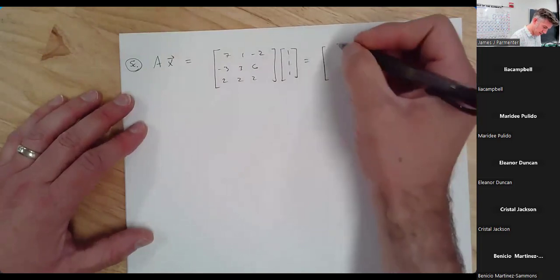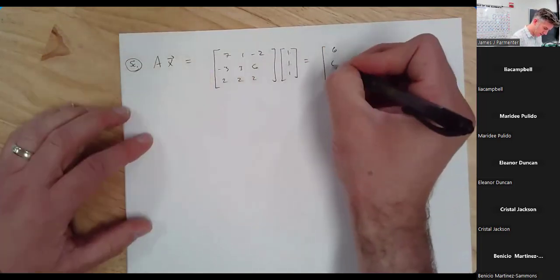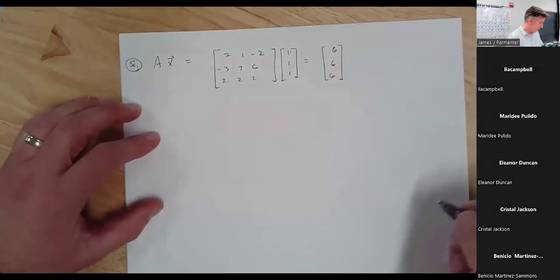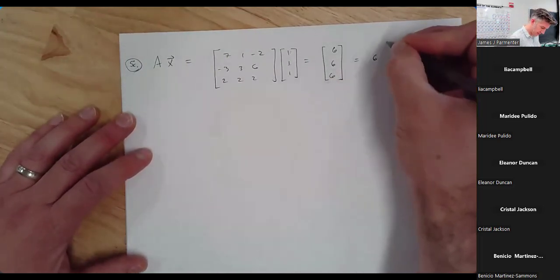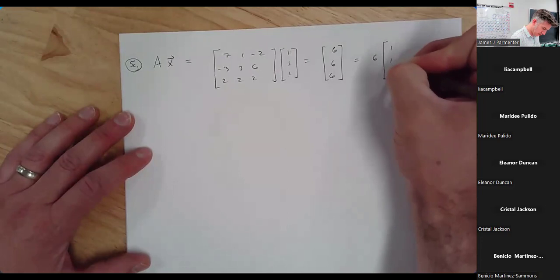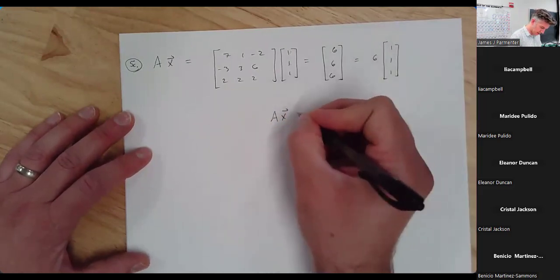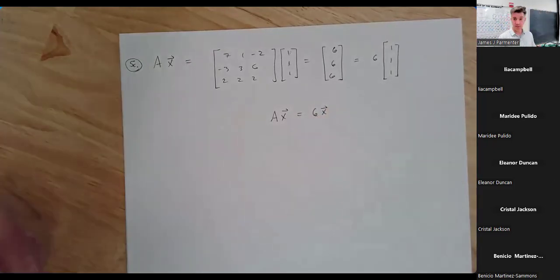It's going to be 8 minus 2 is 6. -3 plus 3 plus 6. 2 plus 2 plus 2. And I will point out that this is exactly equal to 6 times the vector you started with. So that we have that A times X is equal to 6 times the vector X. And this is important to notice because of the next question.